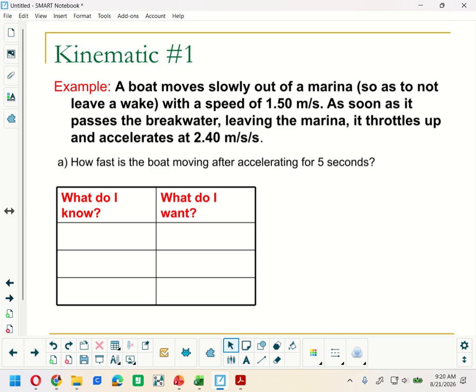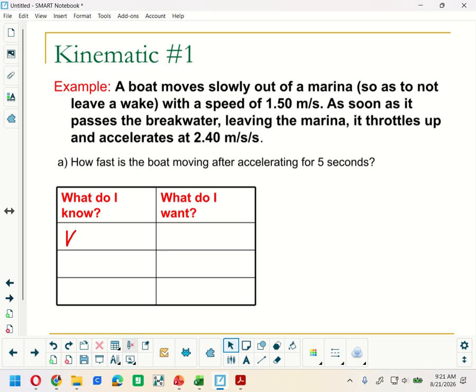Alrighty. Let's see. So starting off, someone throw out something we know. Anyone? Initial velocity.